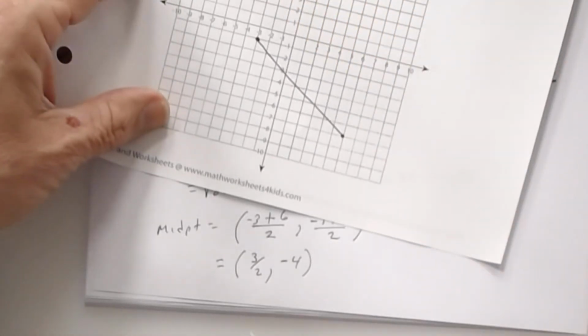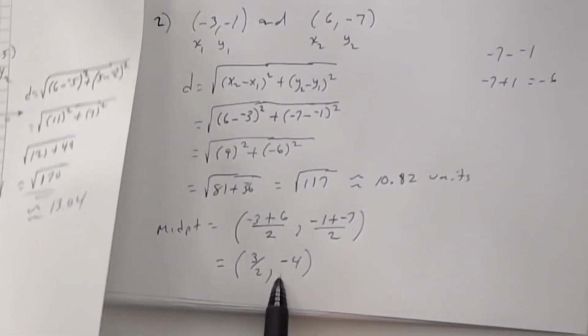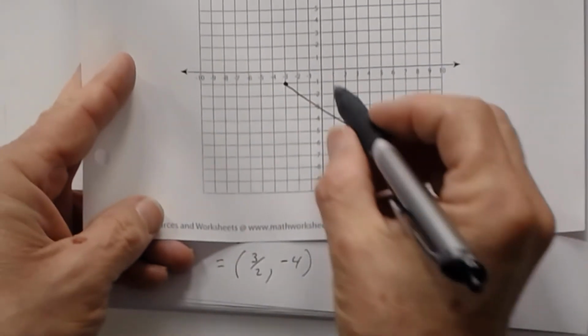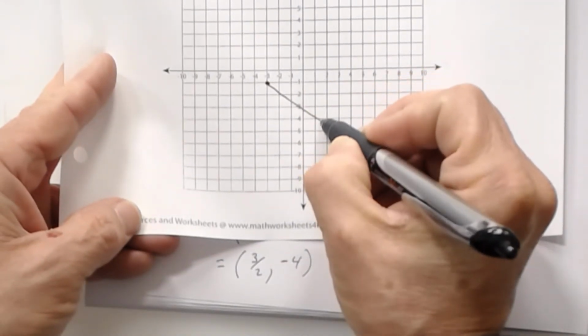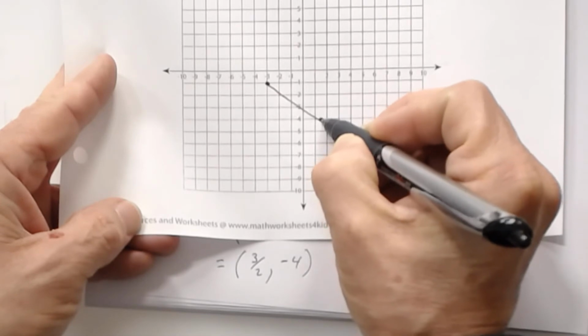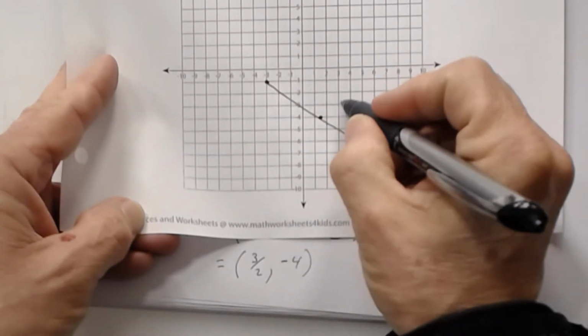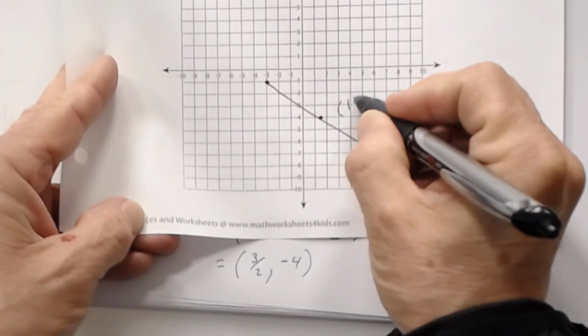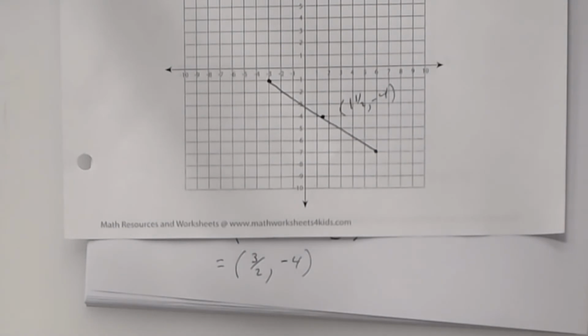What I just found was that this point here, 1.5, comma, -4, is the point in the middle. So 1.5, -4 is right here. Okay? So that's your midpoint.